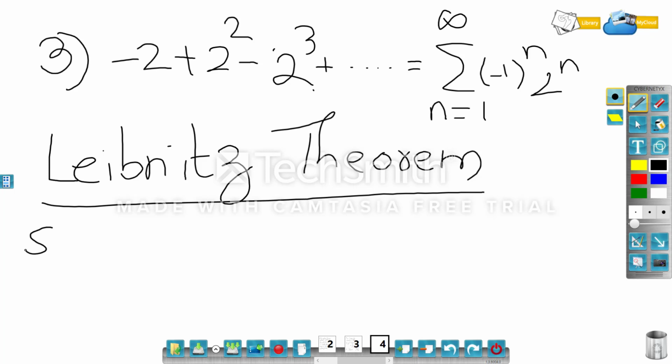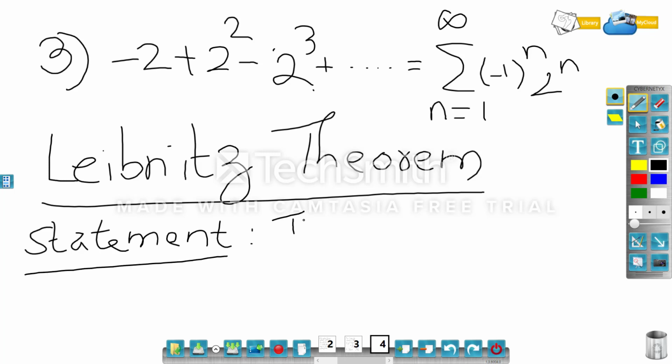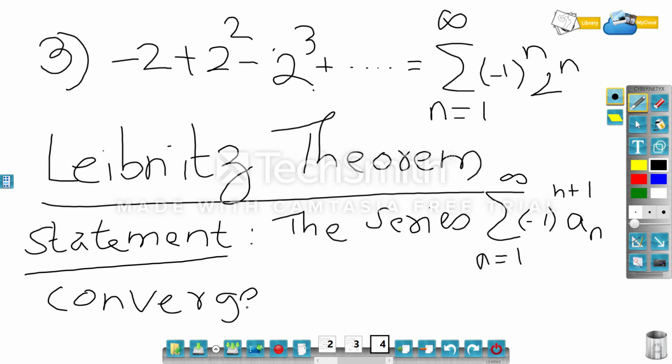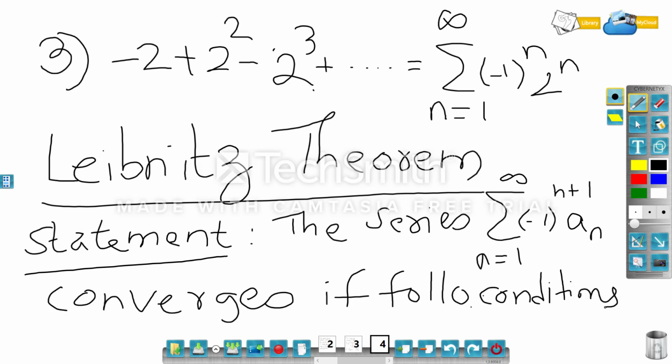The statement is as follows. The series sigma (minus 1) raised to n plus 1 a_n, n goes from 1 to infinity, converges if the following conditions are satisfied.